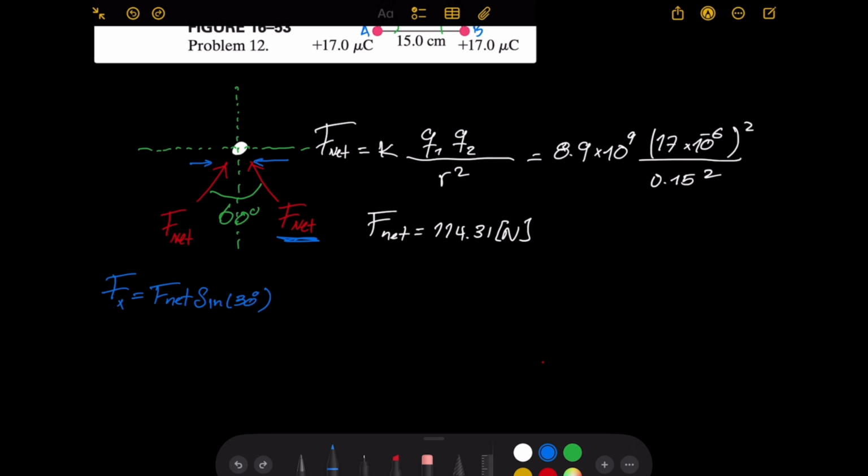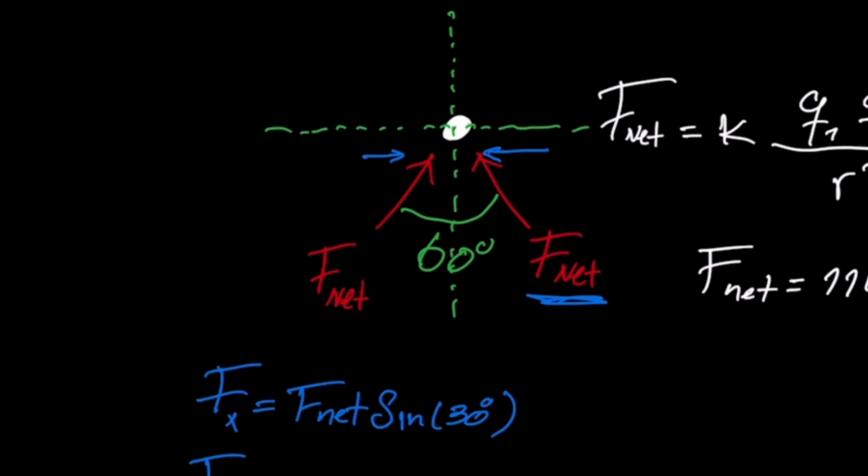Instead, particle C is going to feel twice the y component from this net force. So the y component is going to be F net times cosine of 30 degrees. And as you can see, these two components go in the same direction. So particle C will experience twice the y component from this net force.